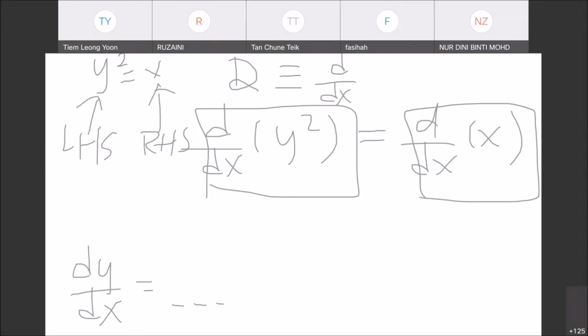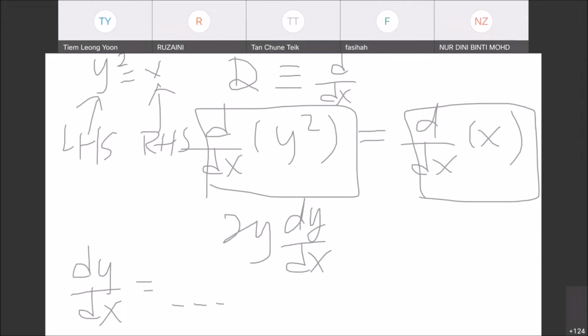So d dx of y squared, you just apply the chain rule. The chain rule will give you 2y dy dx.